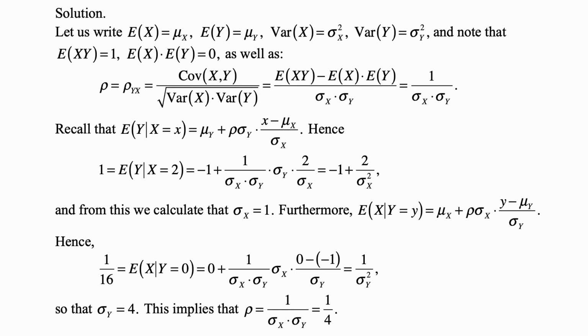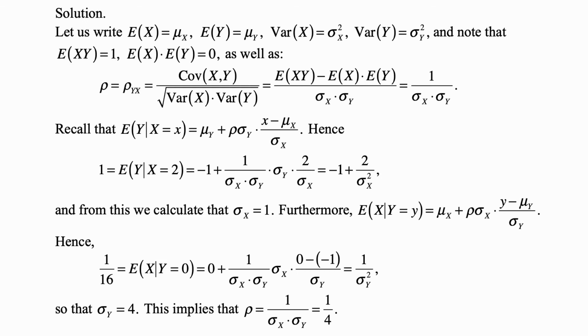So we plug in what we have for expected value of Y given that X is equal to 2. That's given as 1, but it's also equal to -1 plus 1 over sigma x times sigma y times 2 over sigma x. And that is equal to just -1 plus 2 over sigma x squared, because sigma y cancels in the expression.